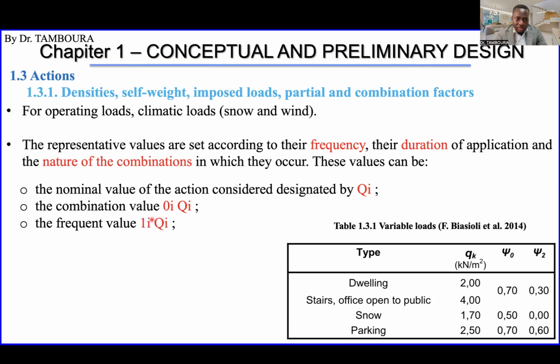Psi 1 is the frequent value, which is not needed here. And psi 2 is the quasi-permanent value.